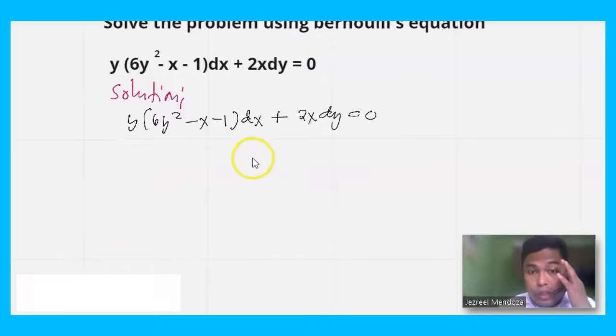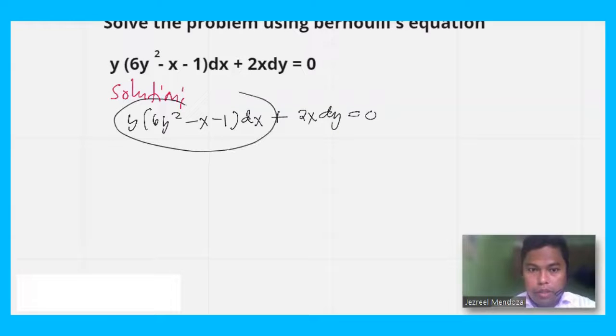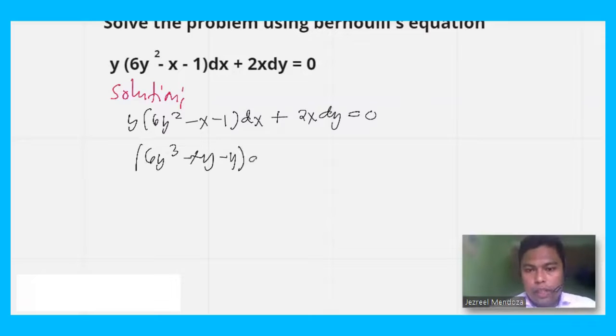Next, we need to distribute this y to the inside variables. That gives us 6y cubed minus xy minus y quantity dx plus 2x dy is equal to 0.